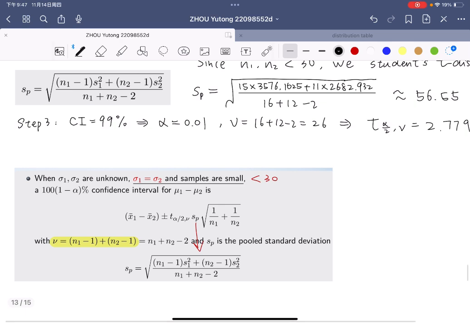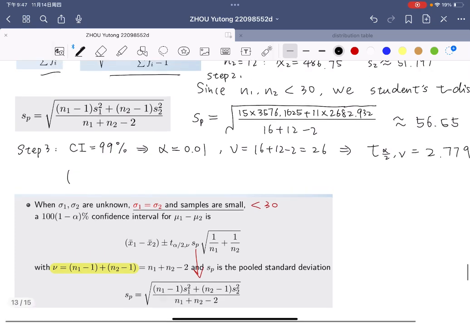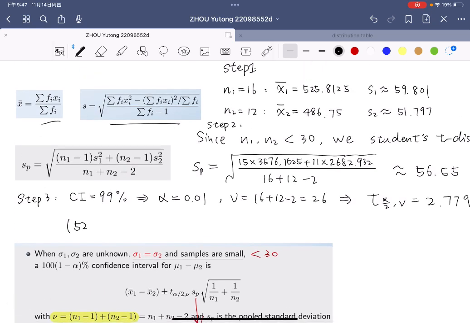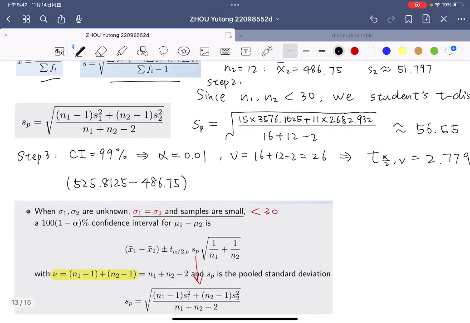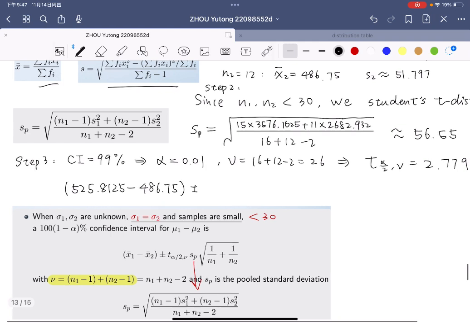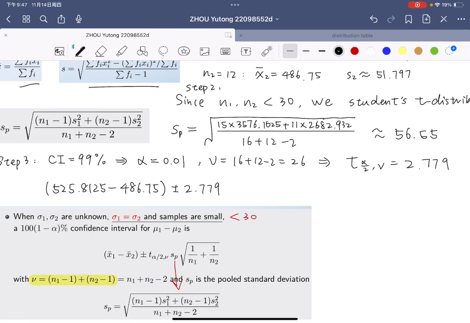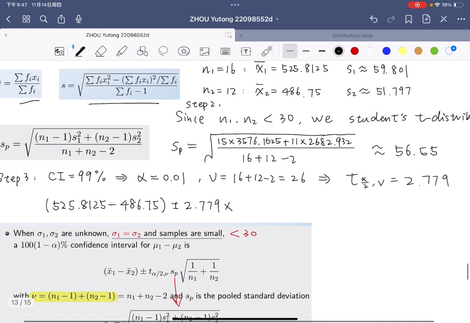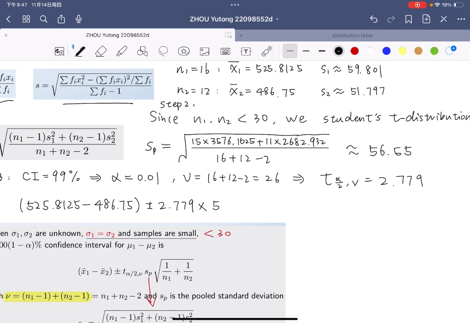According to the formula, it is firstly the difference between the sample means, x1 minus x2, plus or minus t, that is 2.779, times the SP we just calculated, 56.55, times the square root of 1 divided by n1 plus 1 divided by n2.